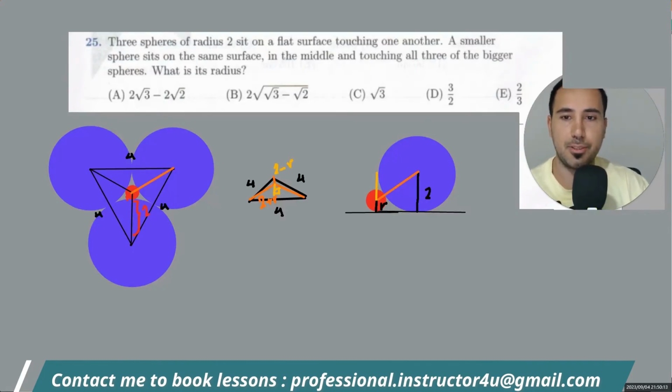The last thing, I hope you can see it. The picture is not clear. From here to here, what is this green one? This green one will be exactly what I said at the beginning: 2/3 of this distance, from here to here.